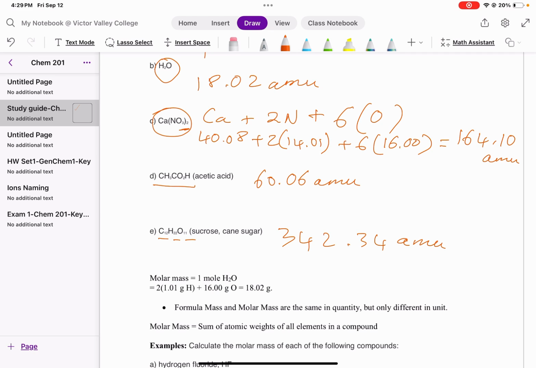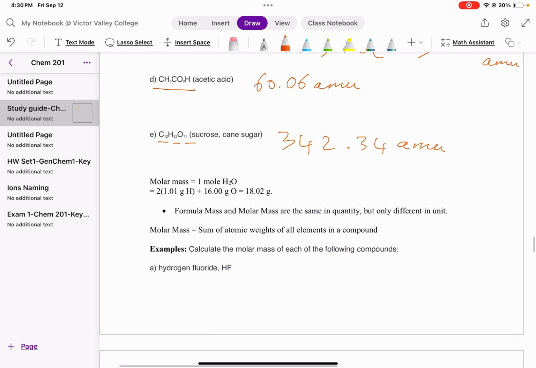Now, molar mass is the same numbers. For water, molar mass is the mass of 1 mole. And it's the same number as the formula mass. It's also 18.02, except this time we don't call it AMU, we call it gram.